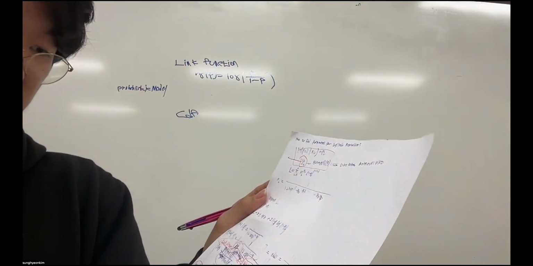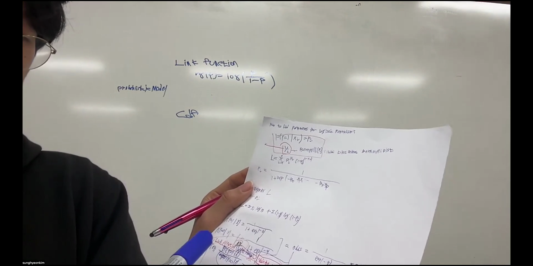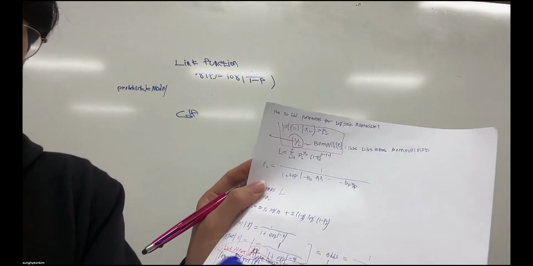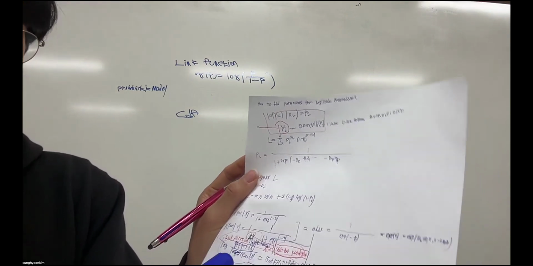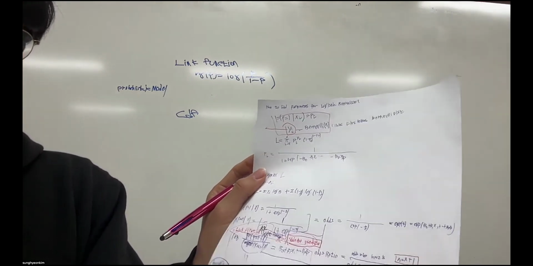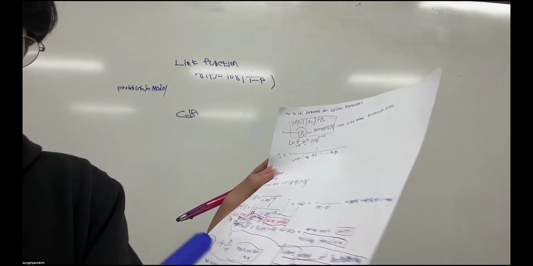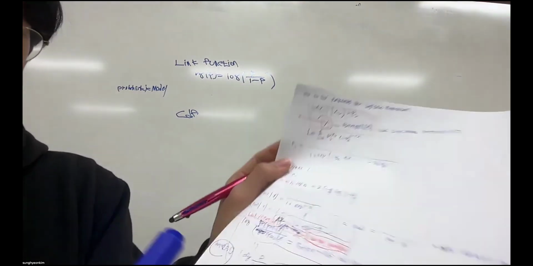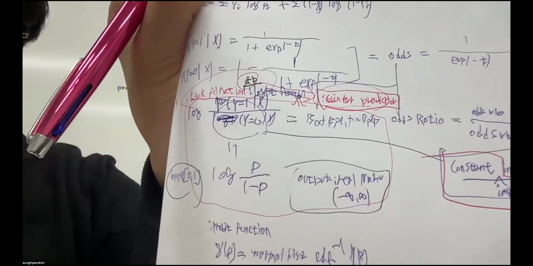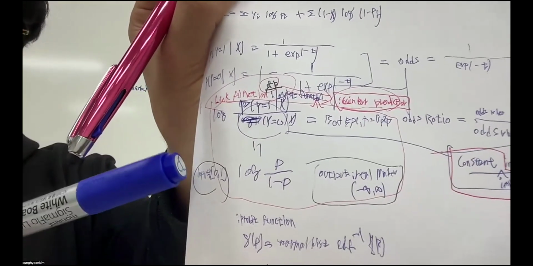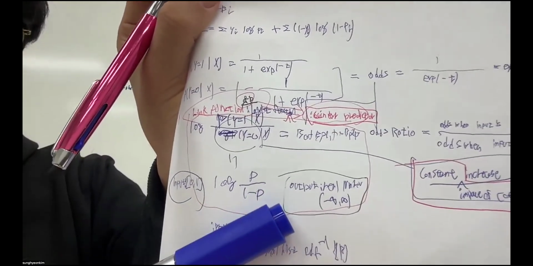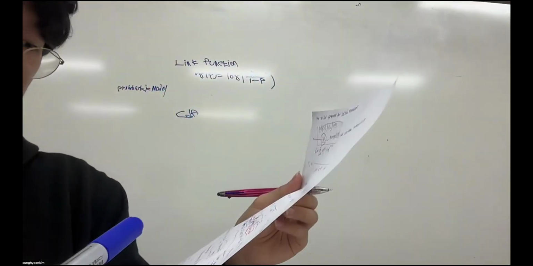In this case, the log of the ratio between them will be the same as log of p over 1 minus p. In this case, then input will be 0 to 1, and output will be from minus infinity to infinity.